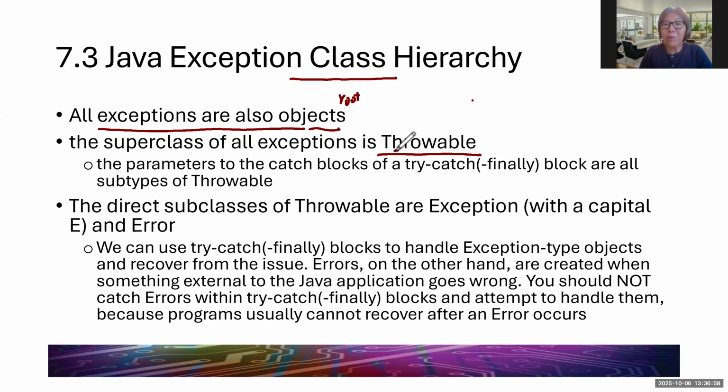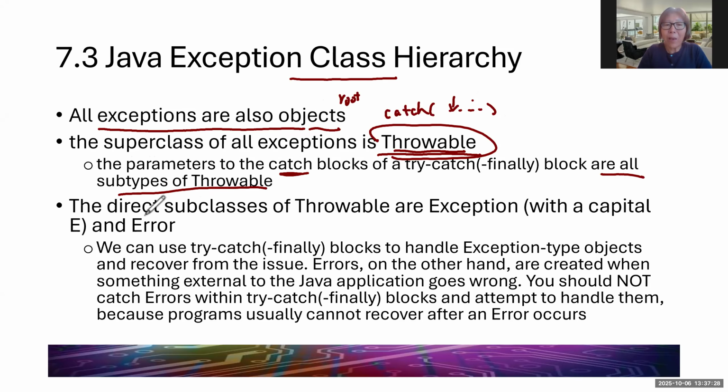Be careful, this is a class, not an interface. The catch block looks like a method, so it has a parameter. The parameter types are all subtypes of this Throwable superclass.